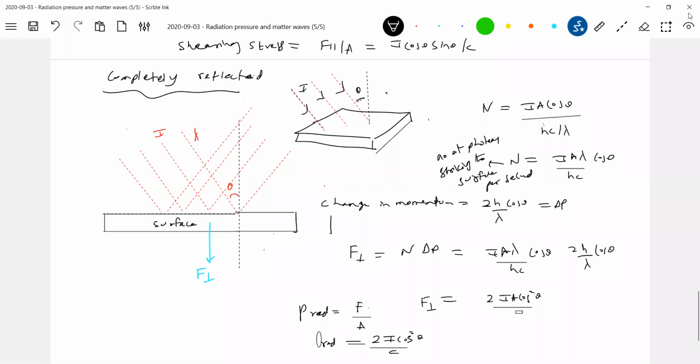Any reason why? Because the momentum is projected vertical and horizontal. The momentum with which it is incident, that much momentum it will leave with. So the net change in momentum along the x-axis is zero. So no force.